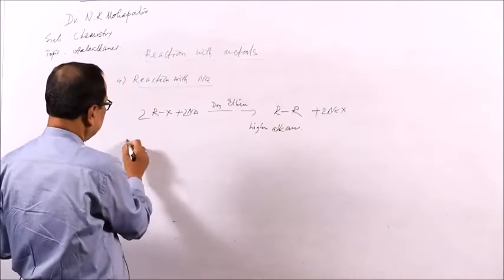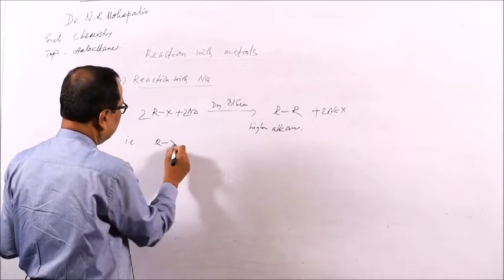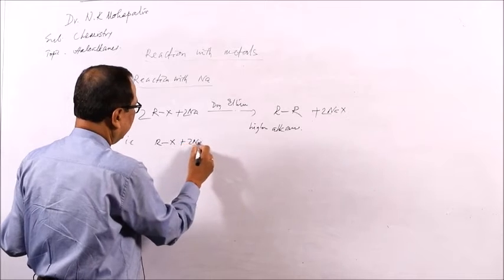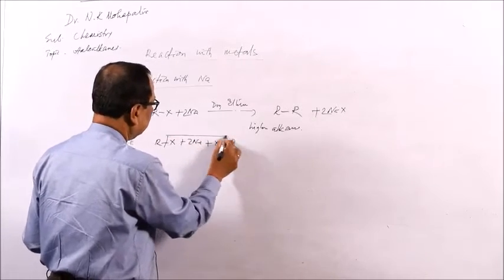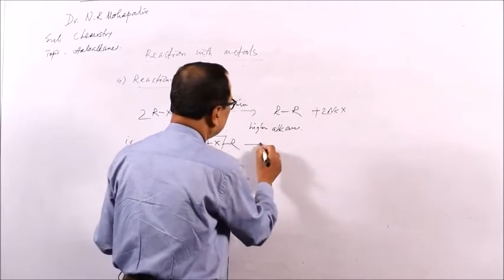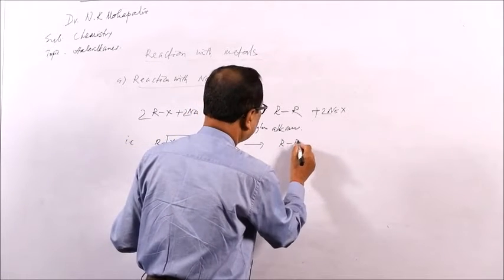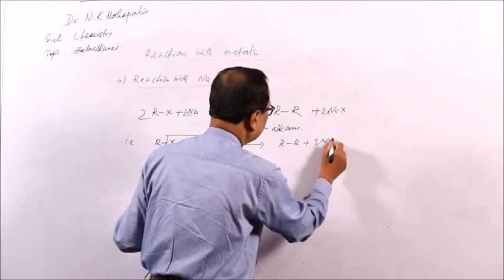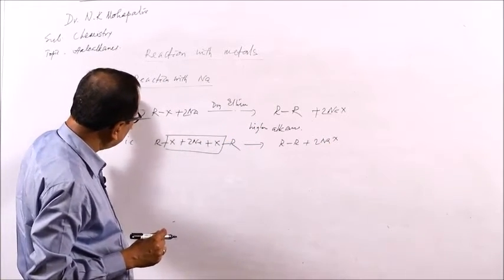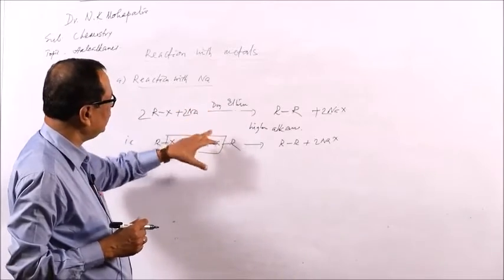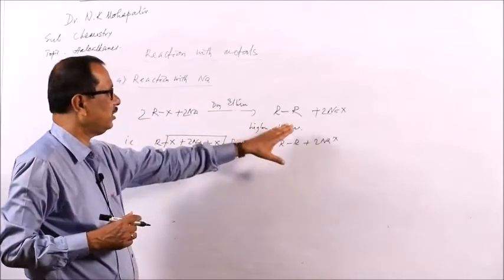That is, you can write this as RX plus 2Na plus XR gives RR plus 2NaX. So, when alkyl halide is treated with metallic sodium in presence of dry ether, we get higher alkane.